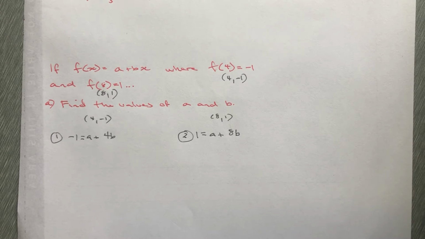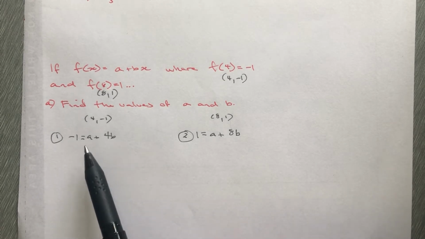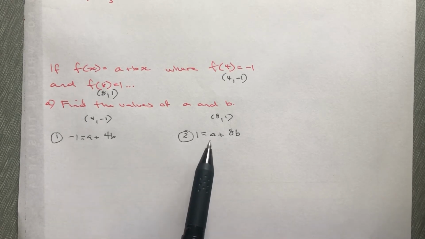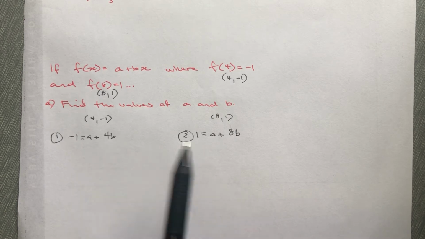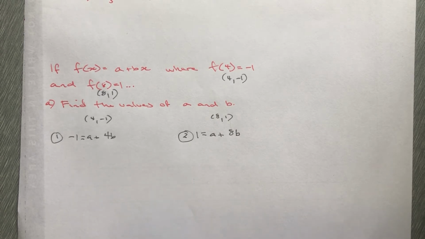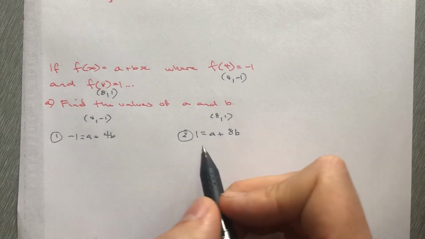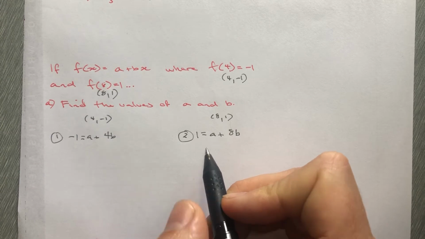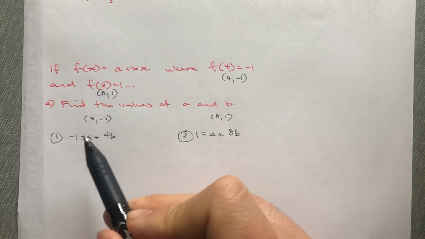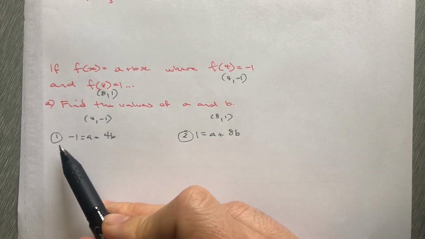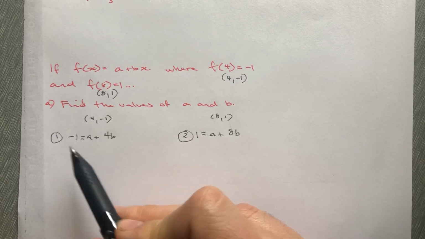I'm going to decide to do elimination though, because I can see that we have just 1a here and 1a here as well. So we don't really need to do anything to these equations to be in a position to eliminate. So I might choose to do 2 minus 1, because that means I'm not going to have any negative b.